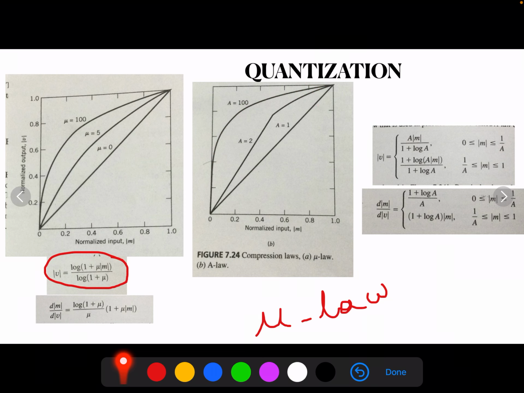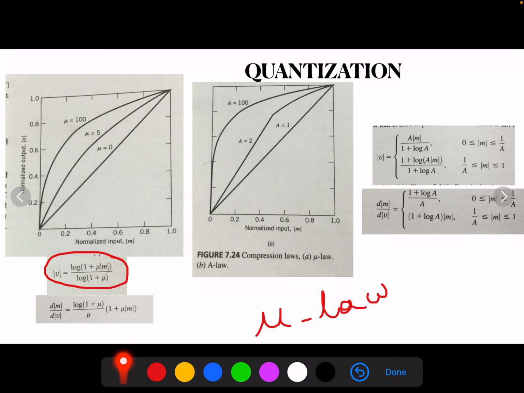The reciprocal slope of this compression curve is given by the derivative of m with respect to V, the output. It is given by 1 plus log A divided by A for all values of m between 0 and 1 by A, and it will be 1 plus log A m for m between 1 by A and 1.